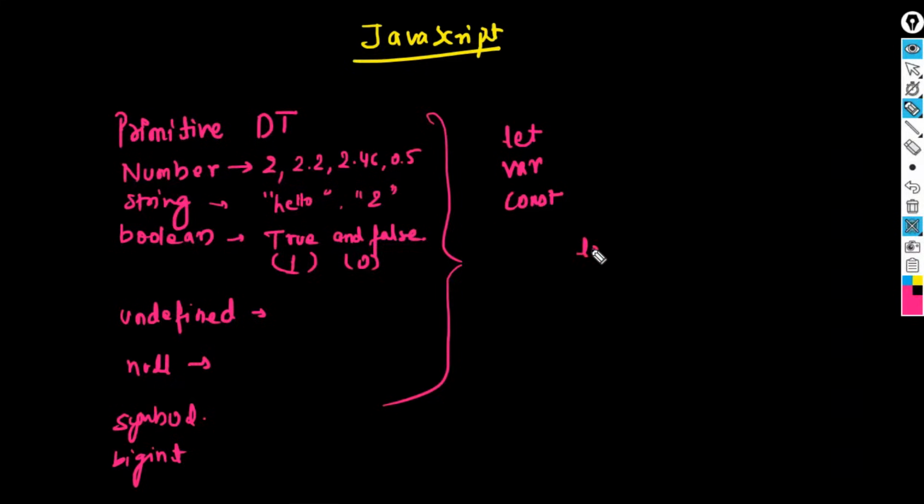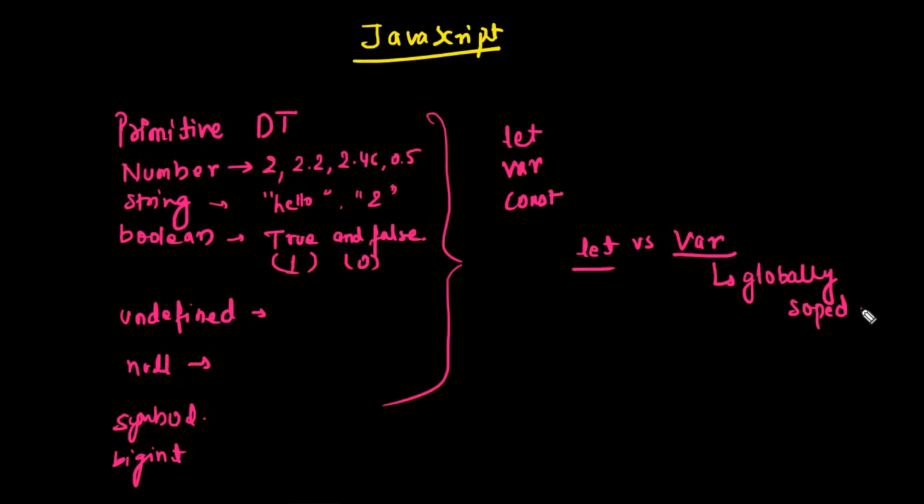Let versus var. Fine, there is a difference. What is the difference between let and var? Var is globally scoped, for now you can write that. And let is block scoped.